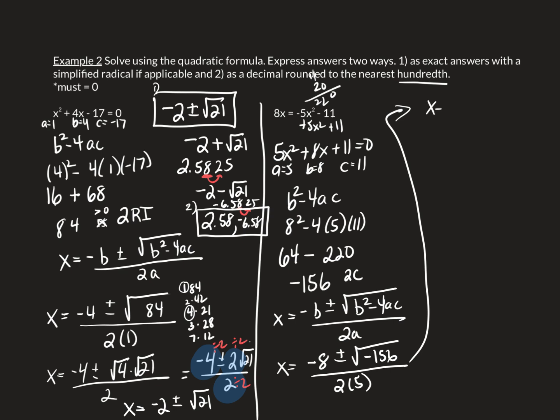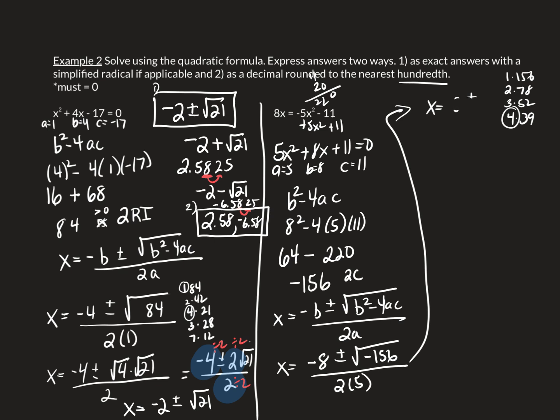So x equals negative 8 plus or minus 156 divided by 2 is 78. So 1 times 156, 2 times 78. 156 divided by 3 is 3 times 52. 156 divided by 4 is 4 times 39. So that's going to be my biggest perfect square.